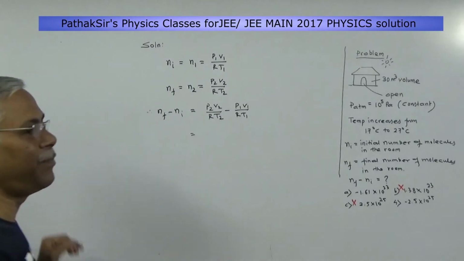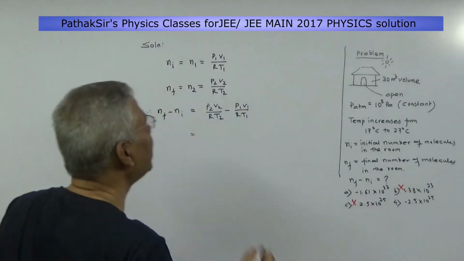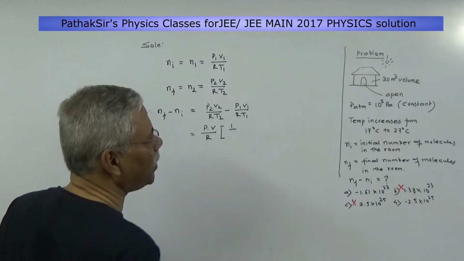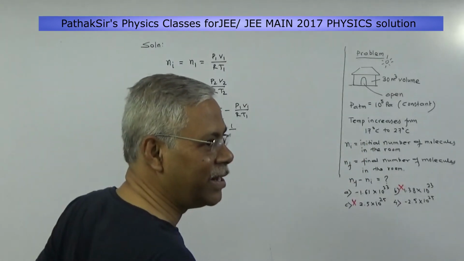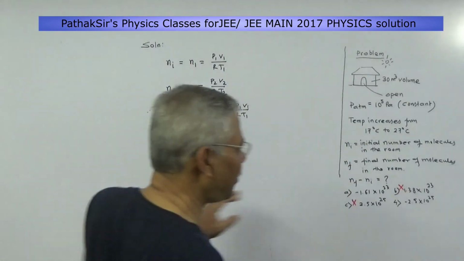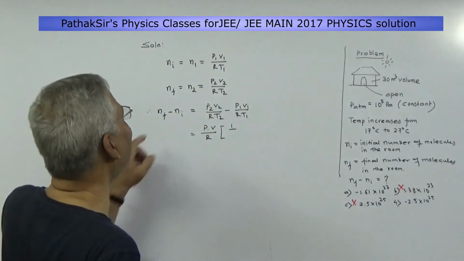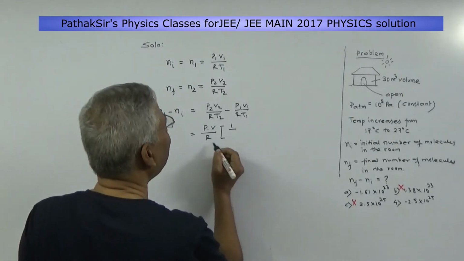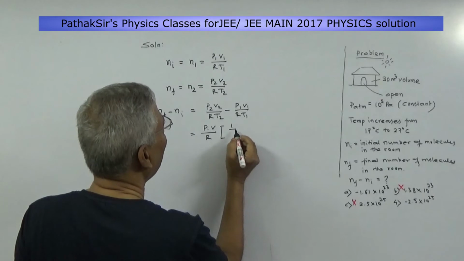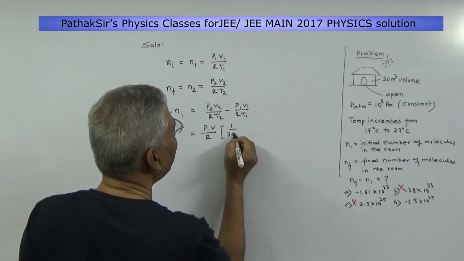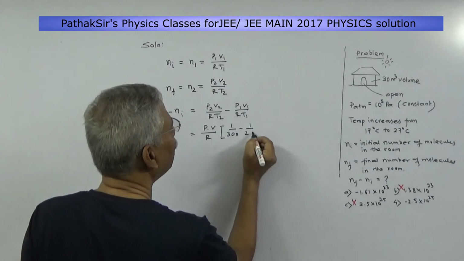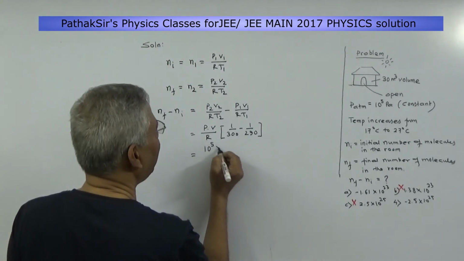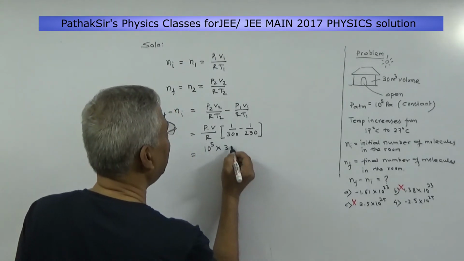P is the same in both the cases, volume is also the same in both the cases. So P into V by R, into 1 by T2 minus 1 by T1. The final temperature is 300 Kelvin. We are calculating the number of moles, then we will multiply it by Avogadro number. T2 means 300, T1 is 290. Pressure 10 to the power 5, volume 30, R.